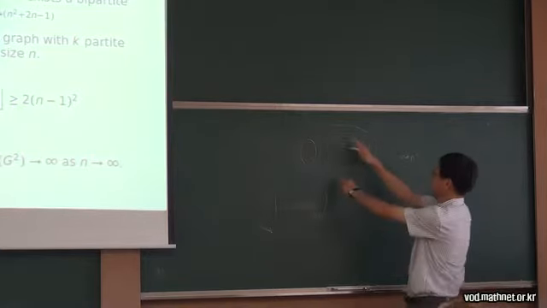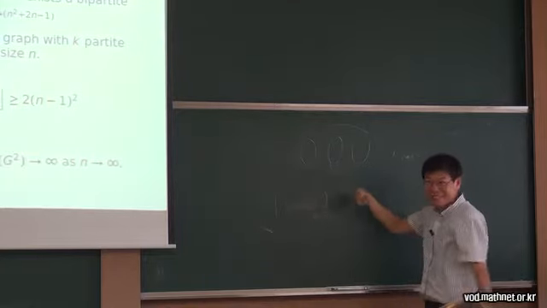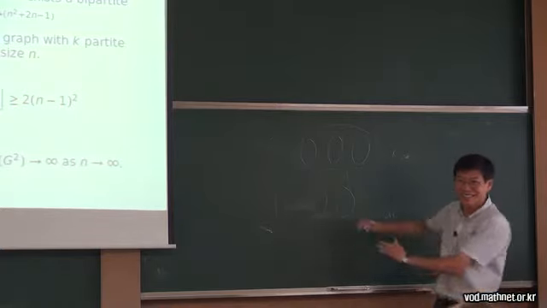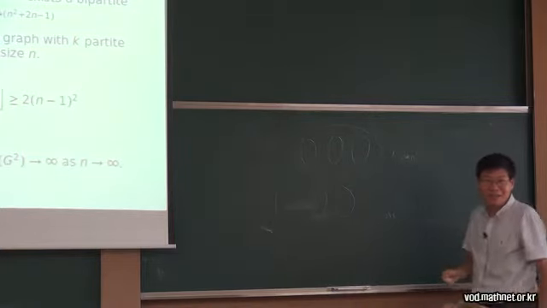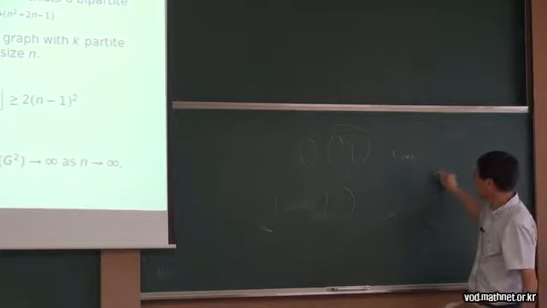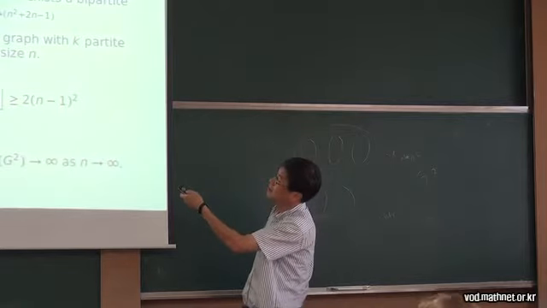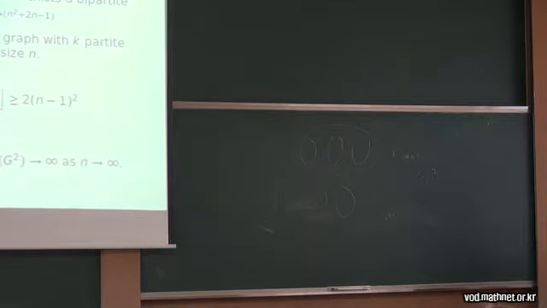We know this is complete multipartite, and also this is complete multipartite, but we are not sure of the relationship between them. The worst case is that everybody is adjacent to each other, so that's the G squared situation. G squared is a subgraph of this graph and contains this graph. Again, the gap between the least chromatic number and chromatic number can be arbitrarily large.